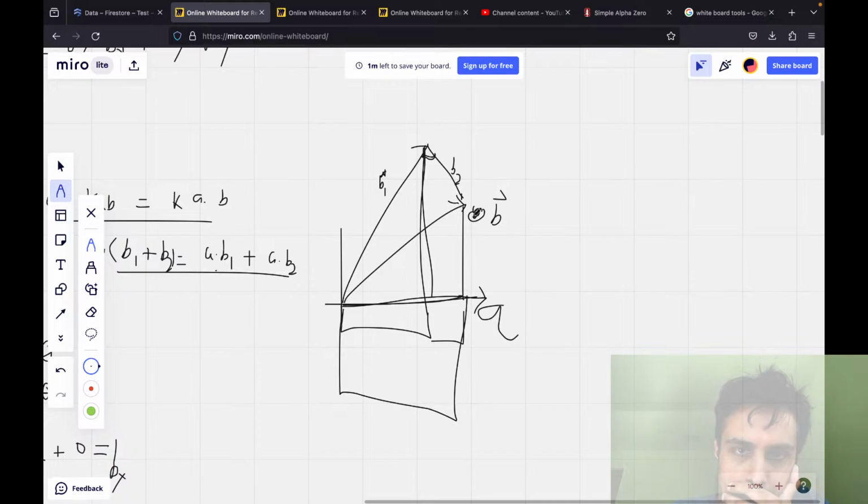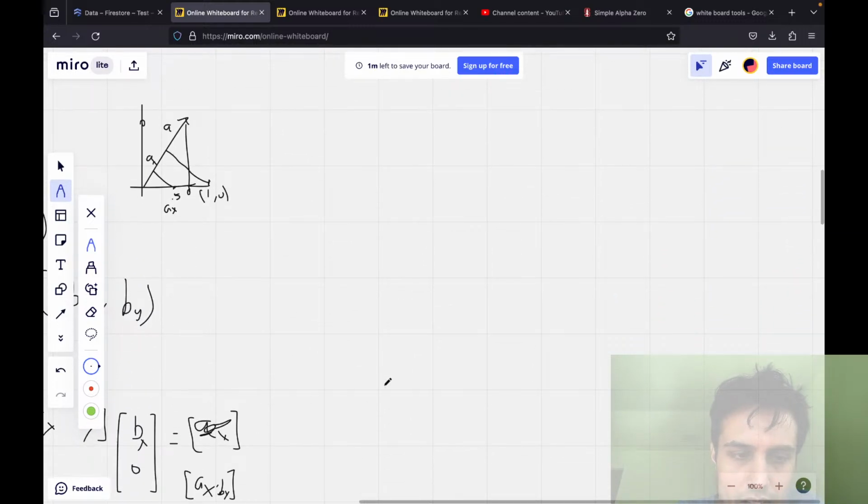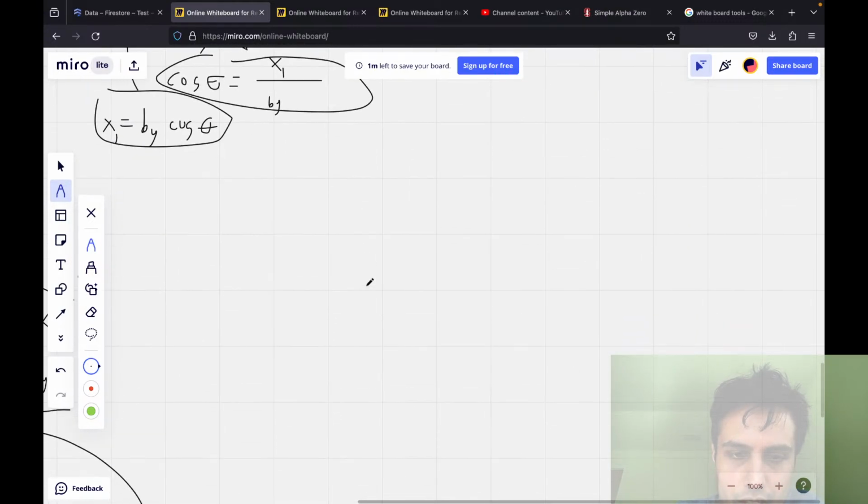Now, if we express B in terms of B1 plus B2, then the length of the projection of B onto A can also be written as the length of the projection of B1 onto A plus the length of the projection of B2 onto A. So this length plus this length equals this length, and that's the idea.